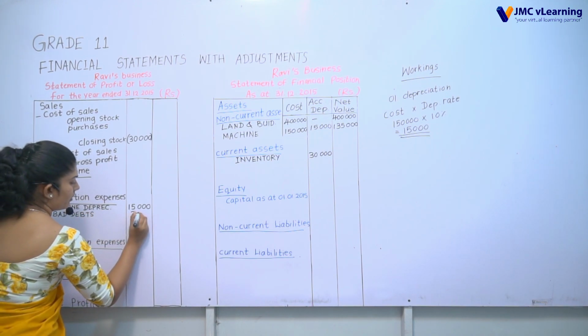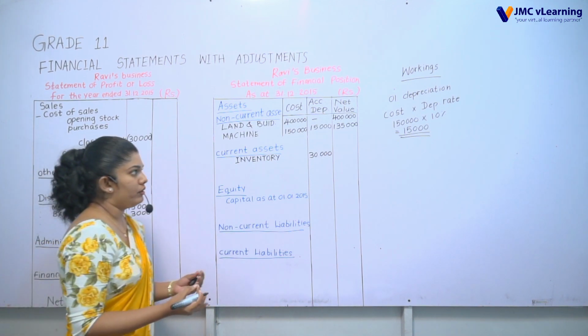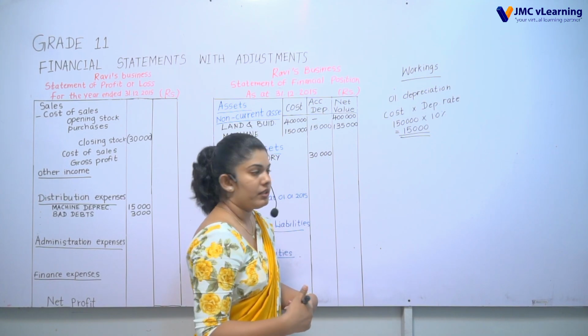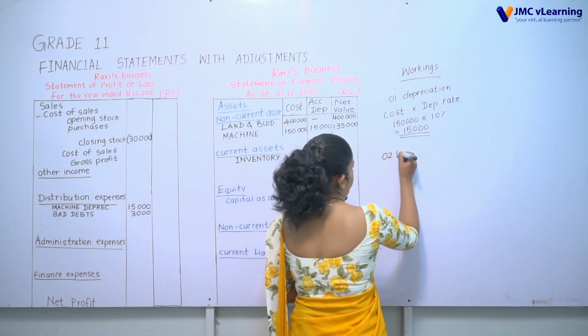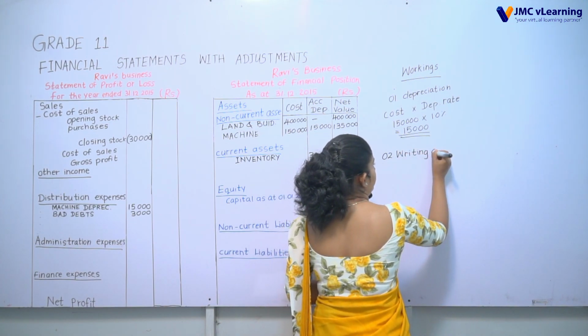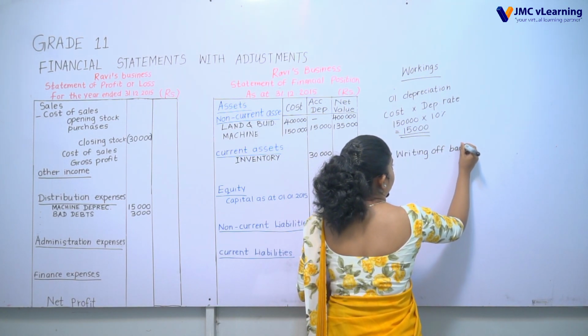And you have to show that you have deducted it from the debtor value. Therefore, working number 2, writing off bad debt.